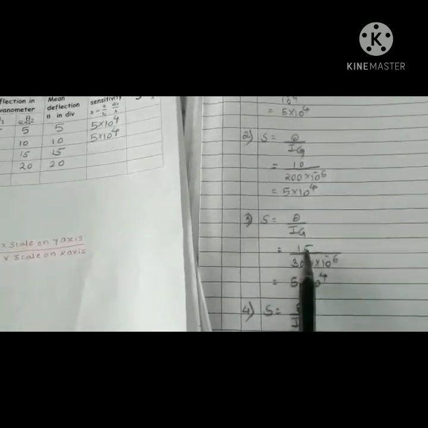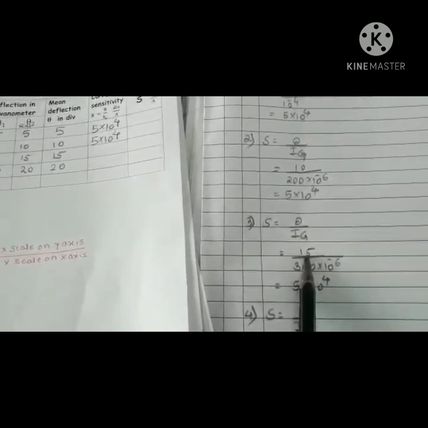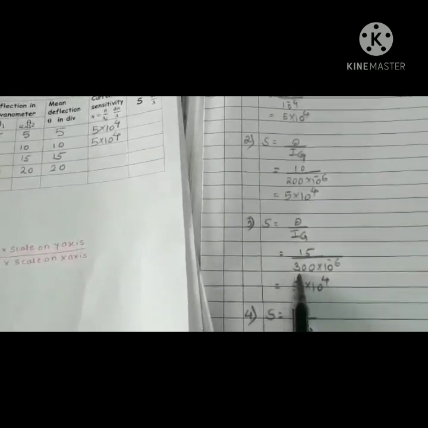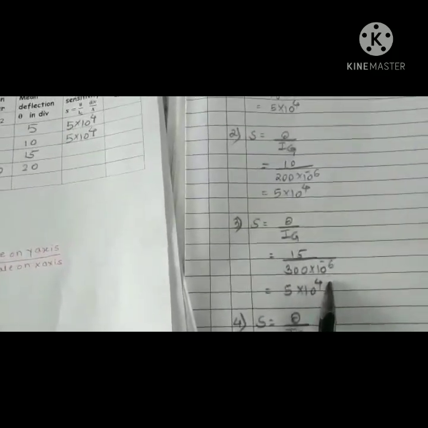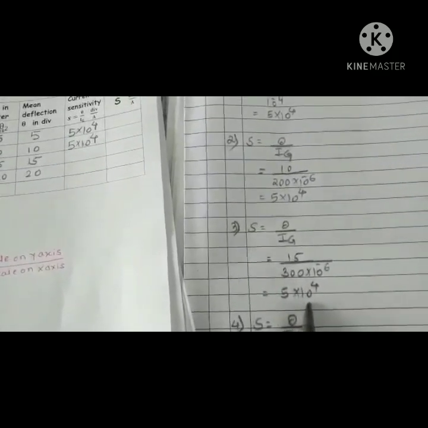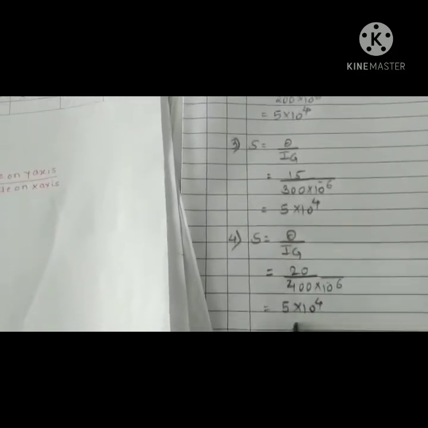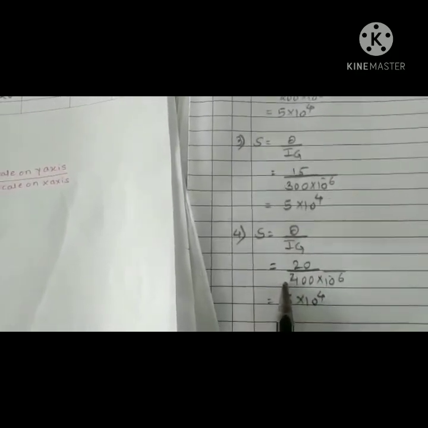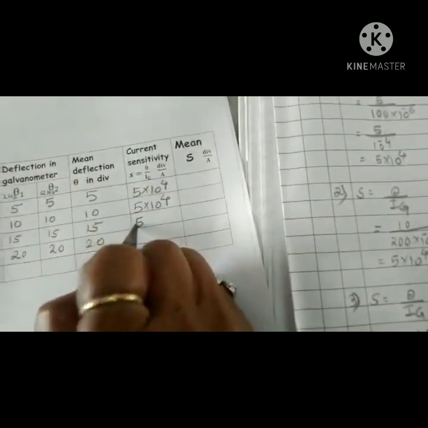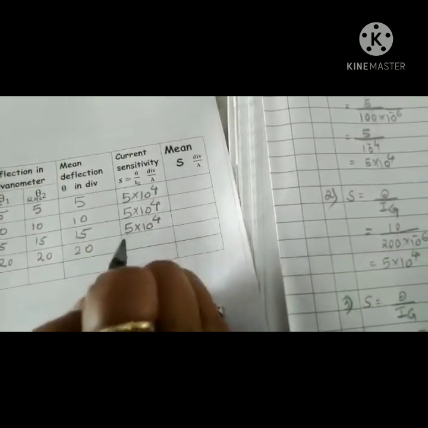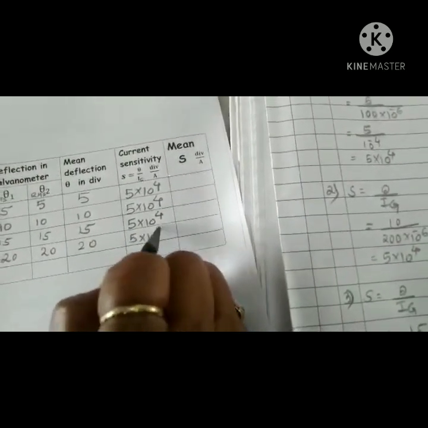The third value of theta is 15 divided by the current 300 into 10 to the power minus 6, and finally it becomes 5 into 10 to the power plus 4. Same for the fourth reading, 20 and 400, which is also 5 into 10 to the power plus 4. I will write it here.